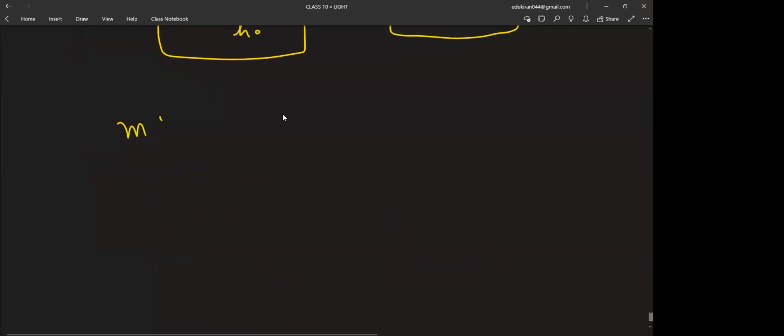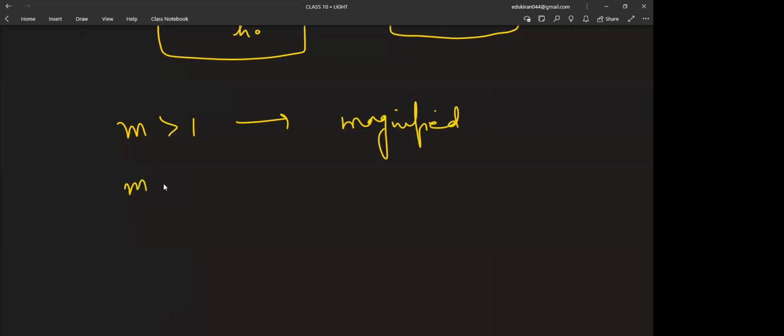When M is greater than 1, we say it's magnified. Same thing. If M is equal to 1, then same size. If M is less than 1, then diminished.